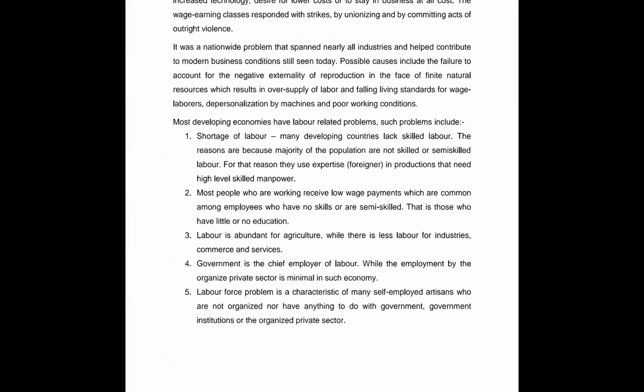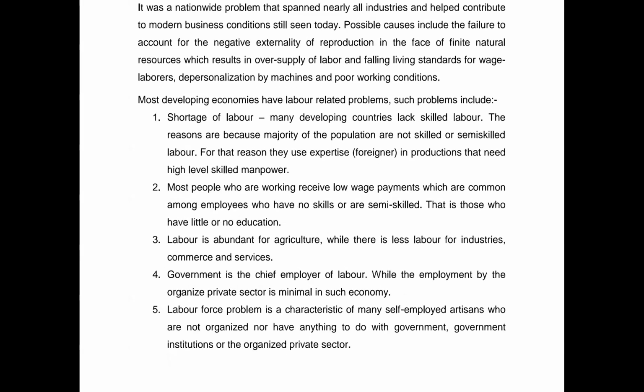Now, what are some of the most serious problems faced by the developing economies? Developing economies are always short of labor because many developing countries lack skilled labor. The reason is that the majority of the population are not skilled, or they are semi-skilled. For that reason, they use expertise in production that needs high-level skilled manpower, so they use foreigners.